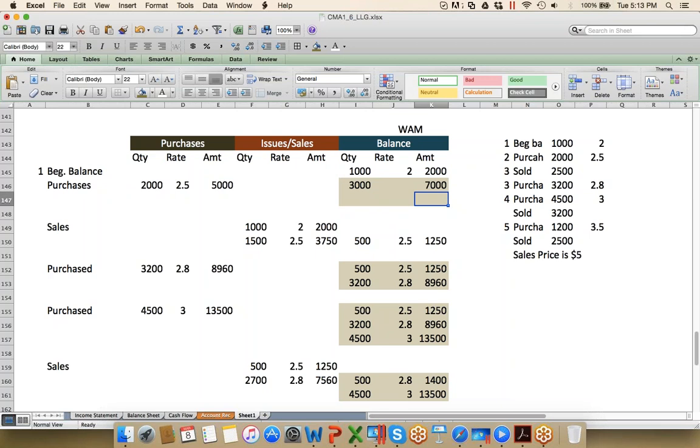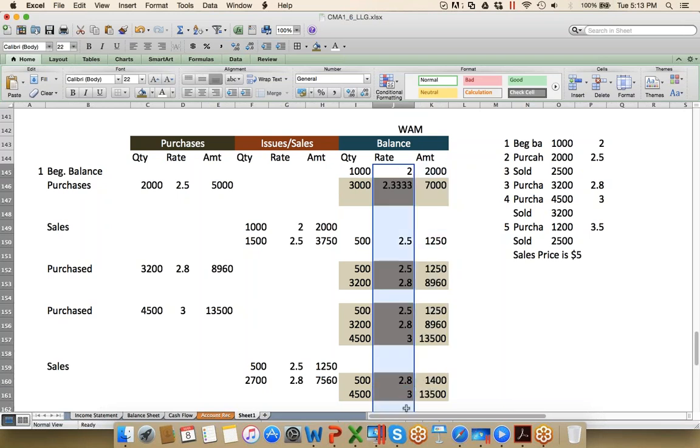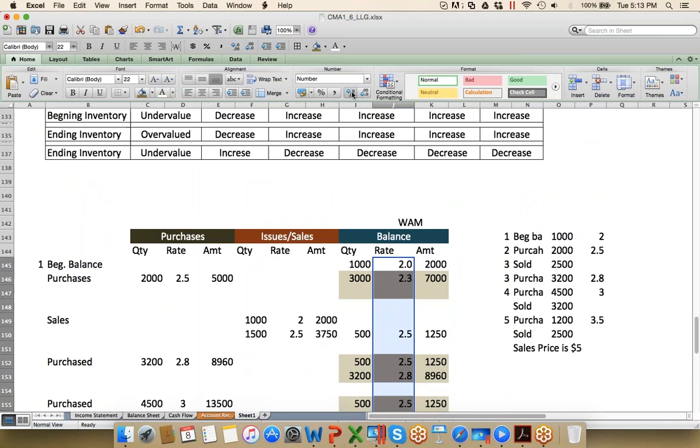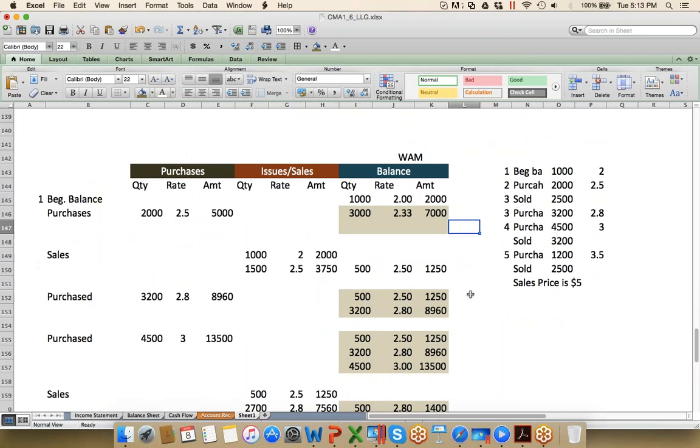And find the latest price which is weighted average. So the total value divided by total quantity. 7,000 over 3,000 will give you 2.33. So take round figure, two digits, it's okay.